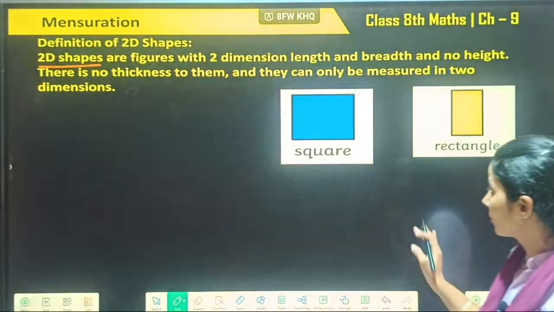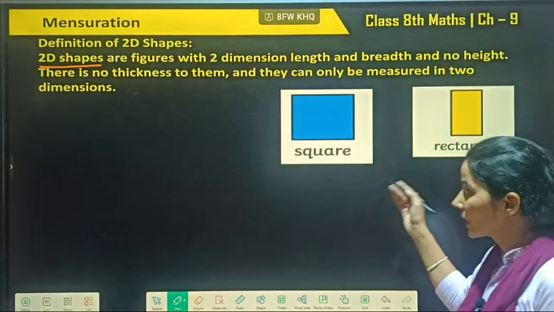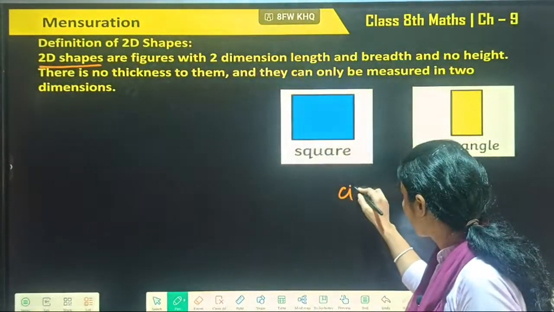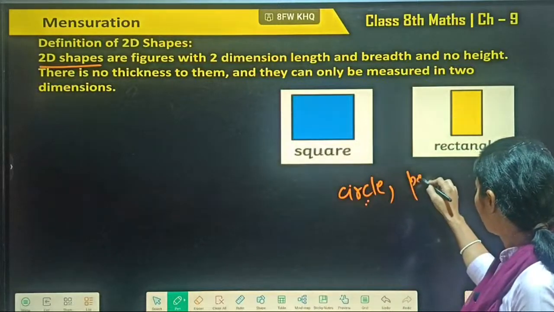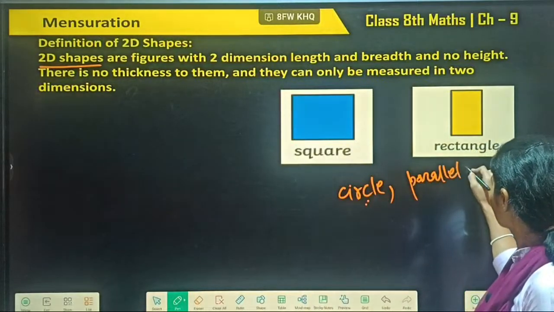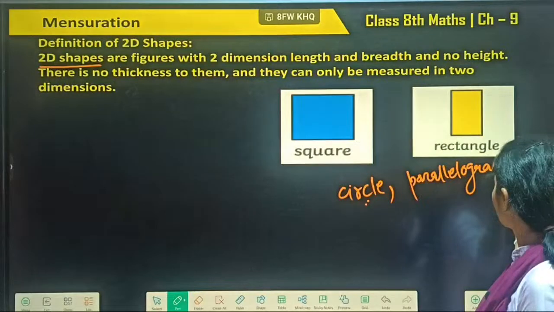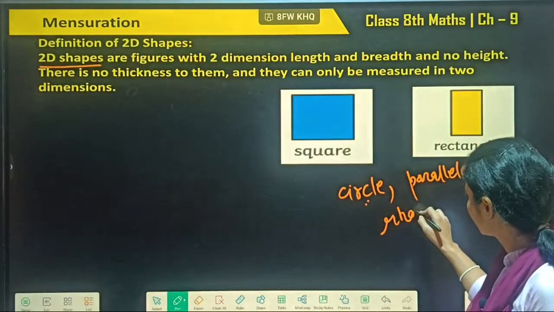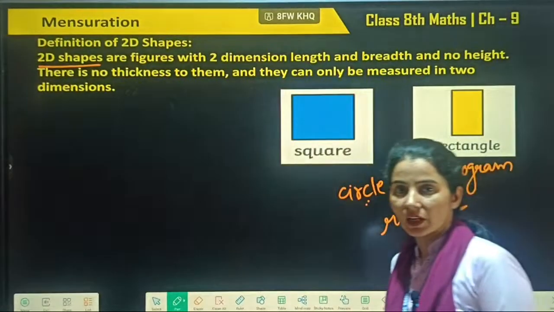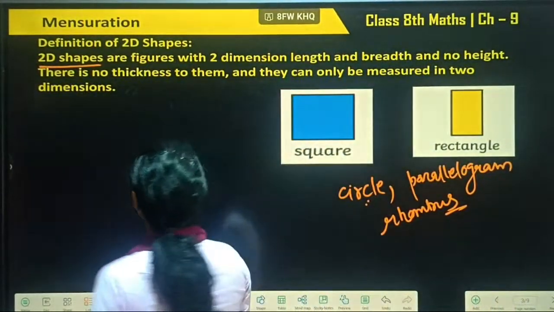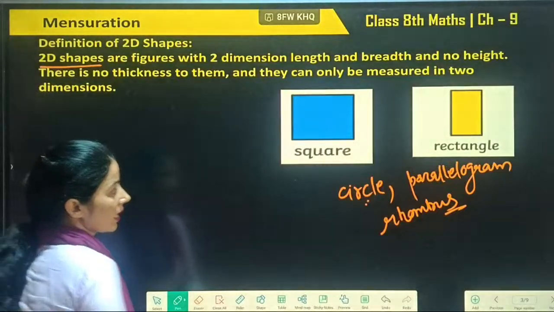There are examples of 2D figures like square, rectangle, circle, parallelogram, rhombus, and all polygons. These are examples of 2D shapes.